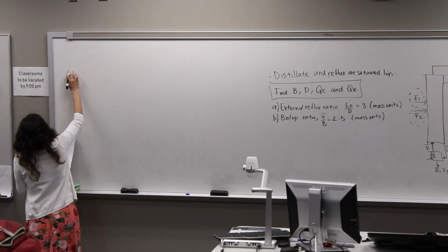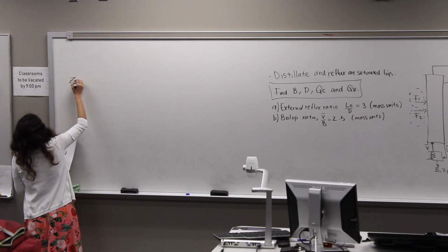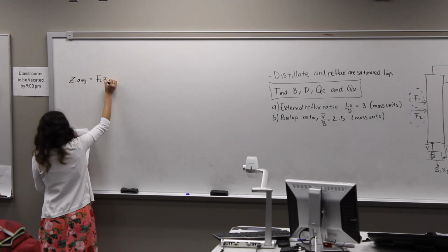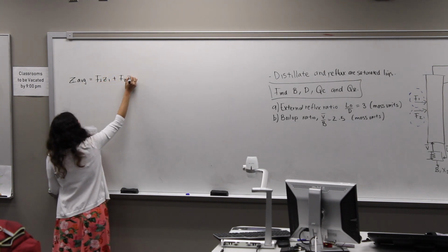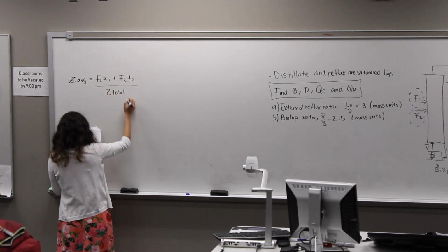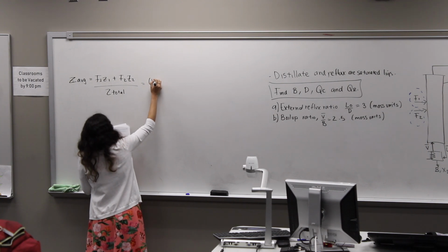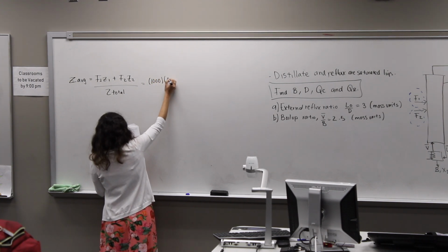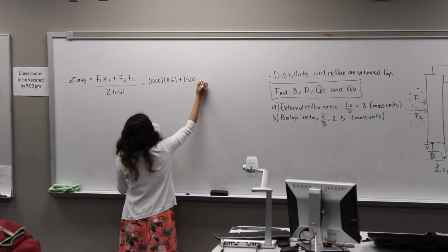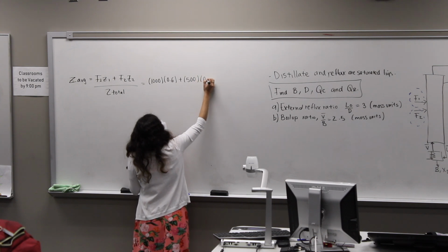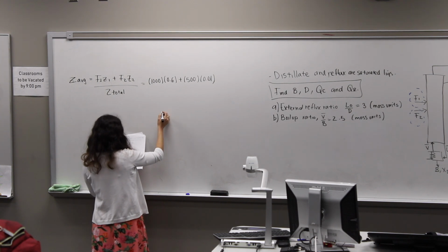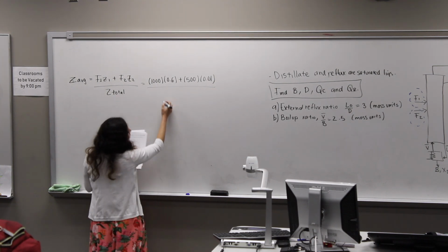So let's get C average. It's going to be 1000 times 0.6 plus 500 times 0.01. And these are given, those are the fractions. Given F total, we said that it was 1500.